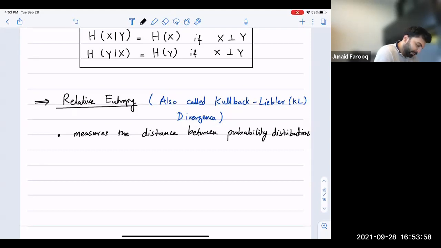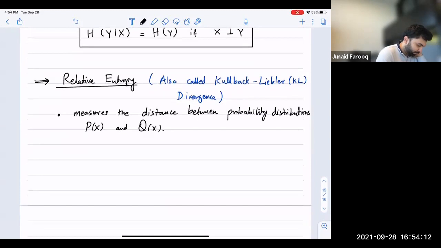Okay, so let's say there are two distributions on the same data. One of them is called P of X, and the other is called Q of X. Again, these are probability distributions.